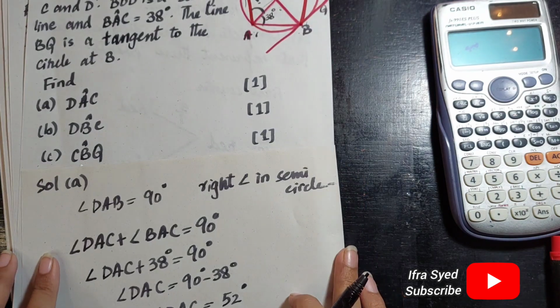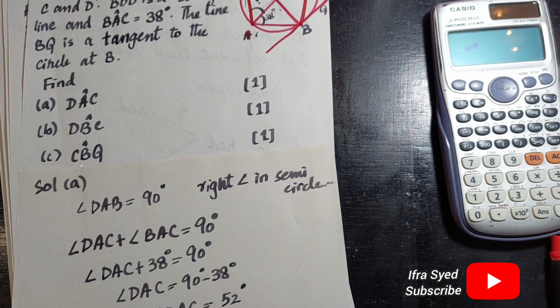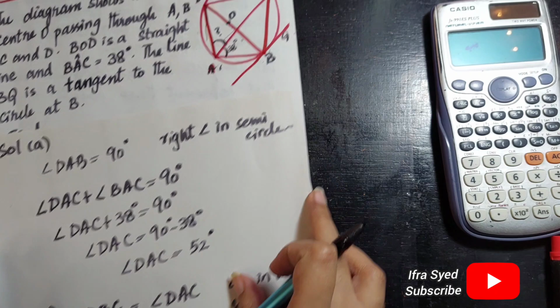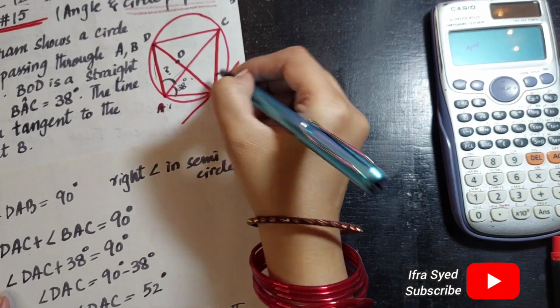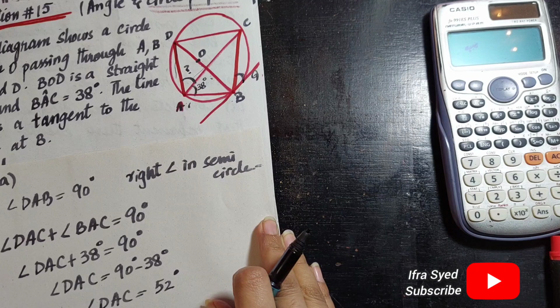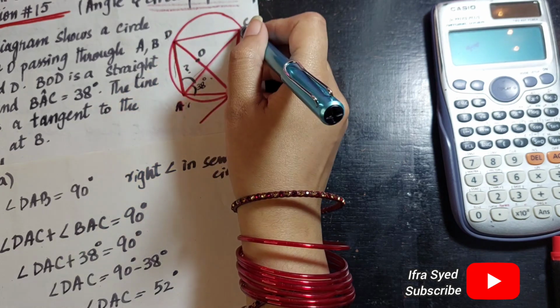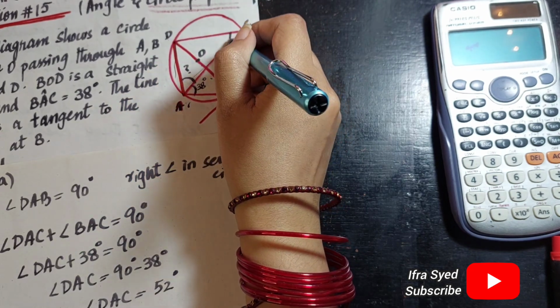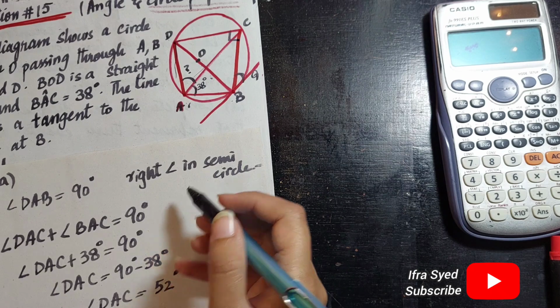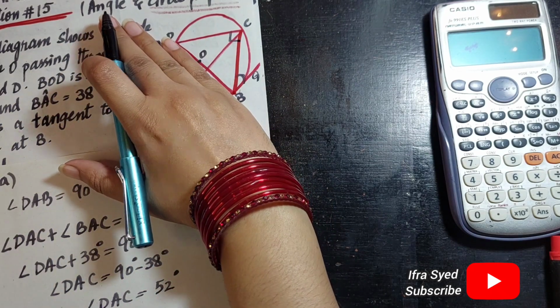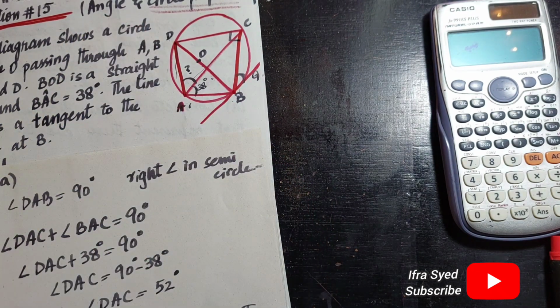In the next part we have to find the value of angle CBQ. As you know, angle DCB is equal to 90 degrees, and the reason is right angle in a semicircle. If we take half of the circle, then this is our right angle.